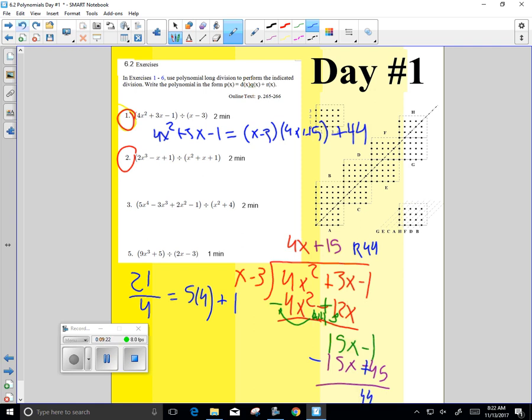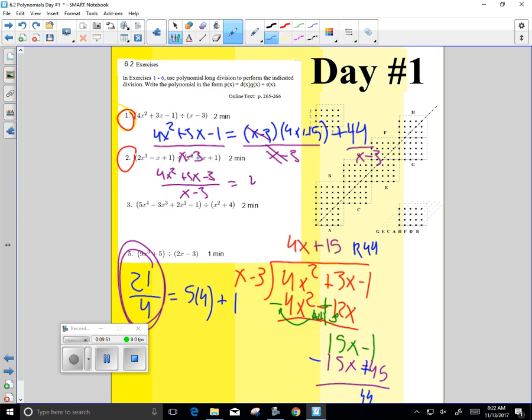Now some students get a little confused about this. I thought the remainder was 44 over x minus 3. And yes, you're right, if you were looking for this. If we divide everything by x minus 3, you're going to get 4x squared plus 3x minus 1 over x minus 3, similar to 21 over 4, is going to be equal to 4x plus 15 plus 44 over x minus 3.